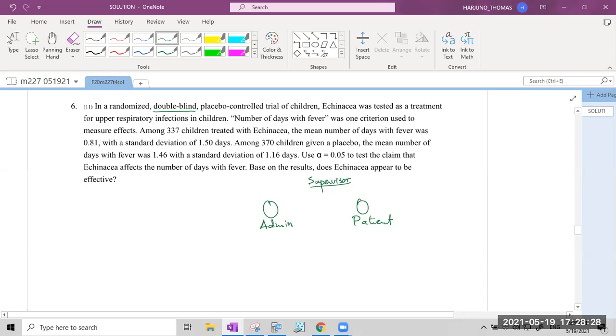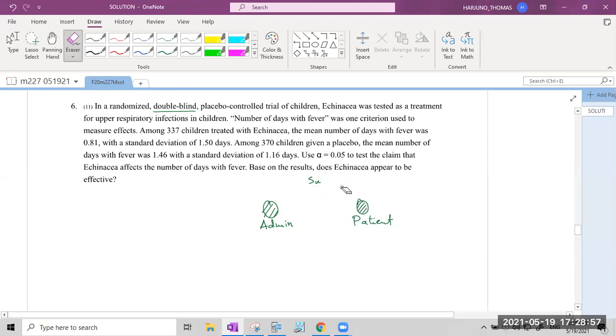The supervisor is the one who knows if the medicine given is the real one, in this case echinacea, or just placebo. But the person who administers it, let's say the nurse, doesn't know. The patient who receives it also doesn't know. That's what it means to be double-blind placebo controlled.